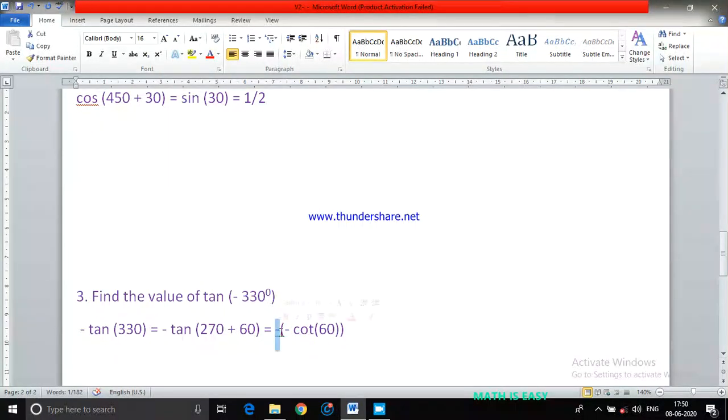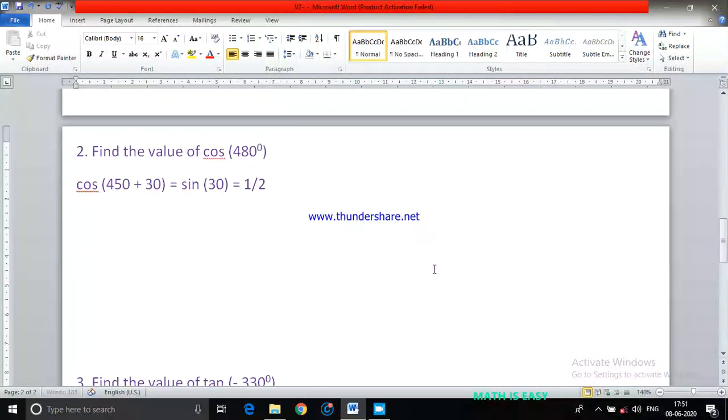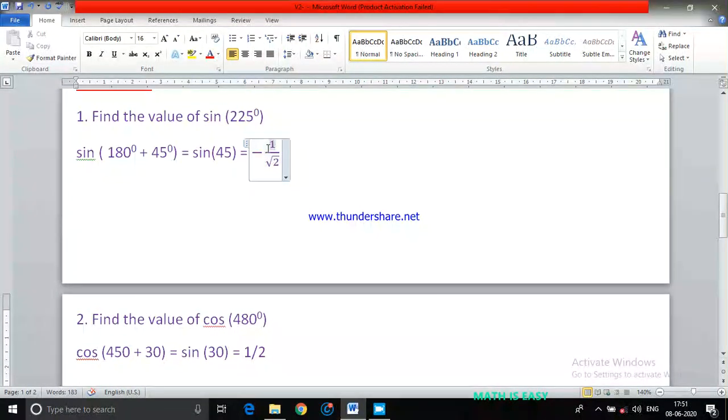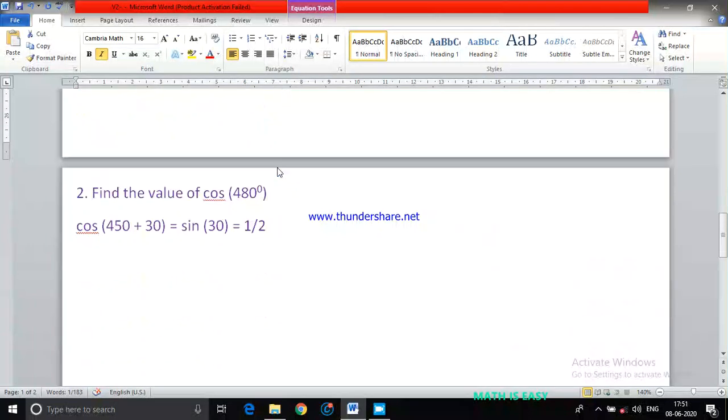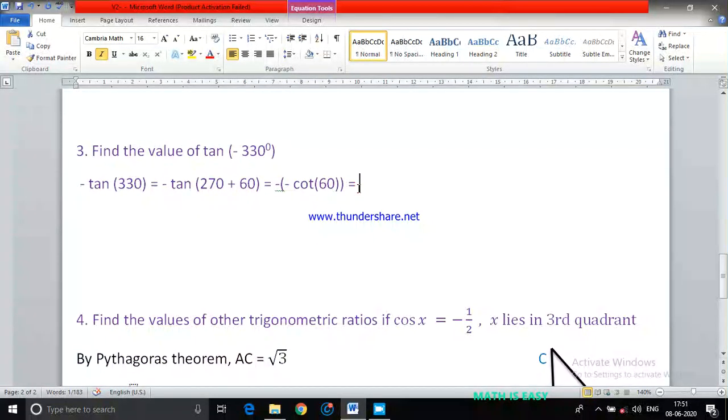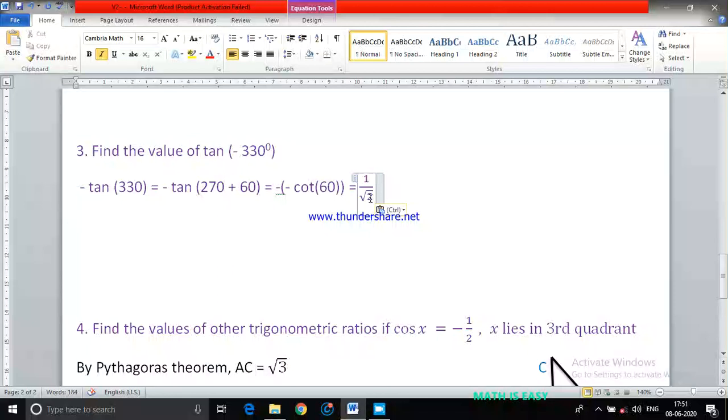The initial minus sign comes from the question. The second minus sign is because tan is negative in the fourth quadrant. Minus of minus will be positive. What is cot 60? Cot 60 is 1 by root 3. Because tan 30 is root 3, cot 60 is also.